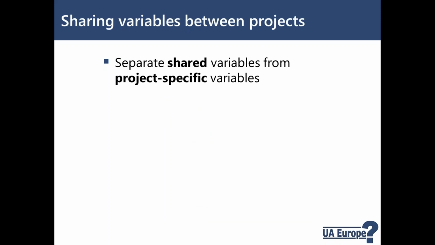We can share variables between projects in the same way as we can share snippets between projects. So what I recommend you do is set up a standard variable file that you store inside that global project I was talking about.